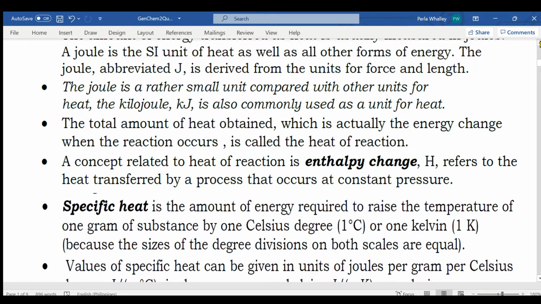Specific heat is the amount of energy required to raise the temperature of 1 gram of substance by 1 Celsius degree or 1 Kelvin, because the sizes of the degree divisions on both scales are equal.